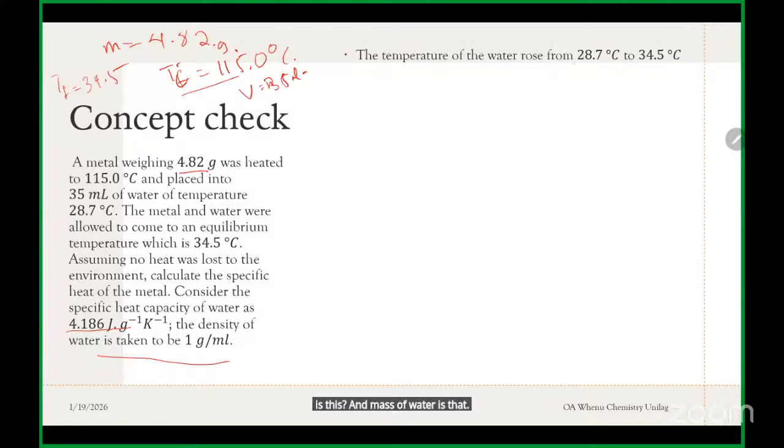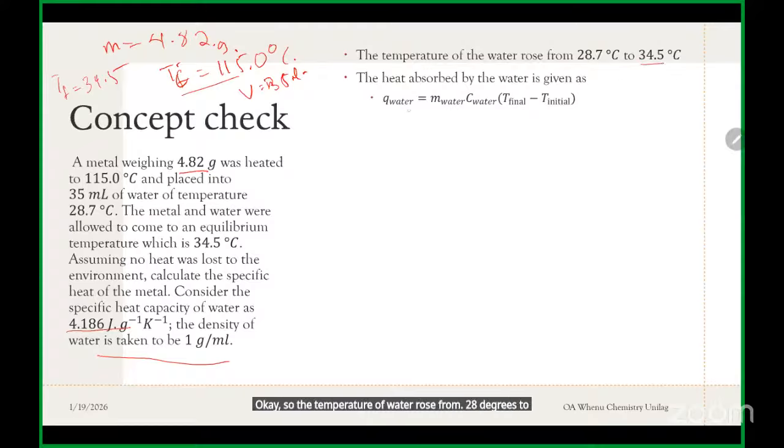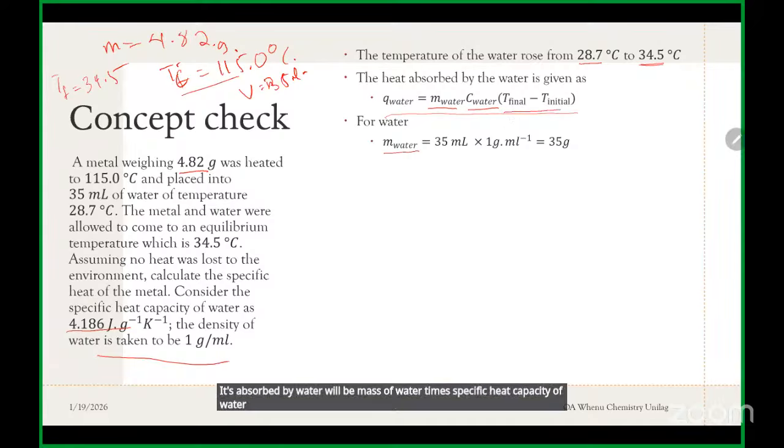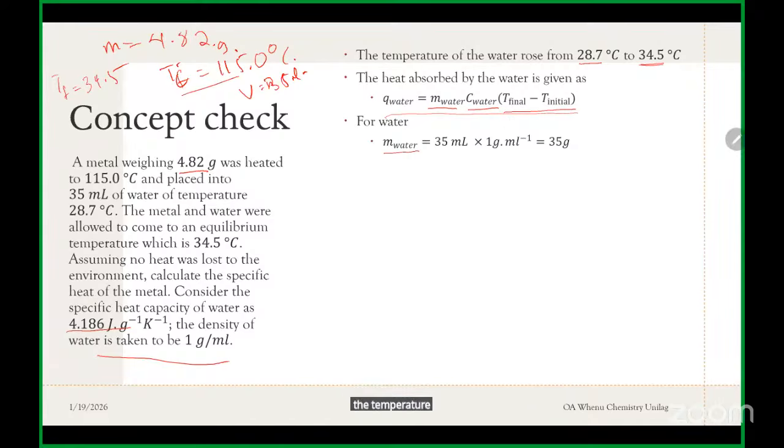Okay, so the temperature of water rose from 28 degrees to 34 degrees. So this is the initial of water to that. Which means the heat absorbed by water is given by, so why are we saying heat absorbed? Because the temperature is rising. So the heat absorbed by water will be mass of water times specific heat capacity of water times the change in temperature that the water experienced.